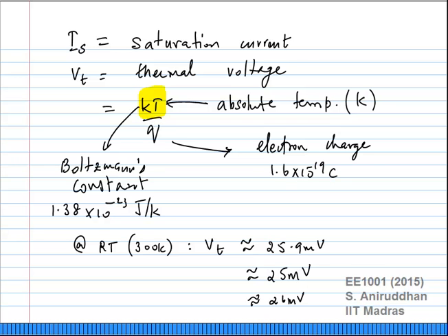Now, the minute you know this Vt and Is, you can actually write down for different values of V what I would be, or vice versa. The actual values don't matter, but you can tabulate these numbers.